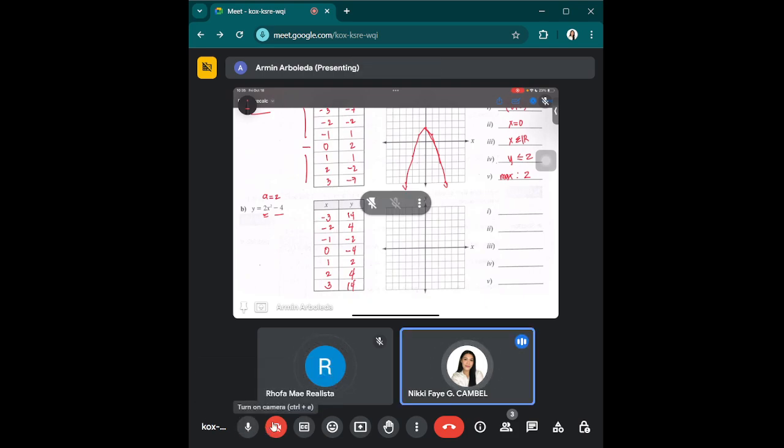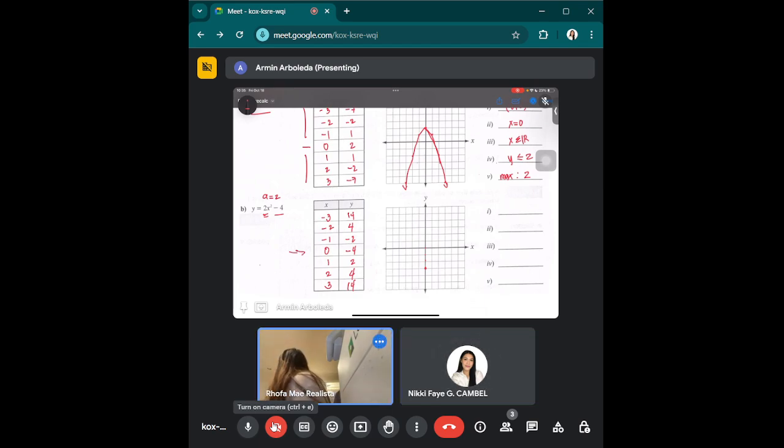Okay, let's try graphing. Where's our 0 and -4? 0 is here, -4 is here. So here is our assumed vertex, right? It's gonna be facing upwards. What's the positive sides? That's 1, and then you have your 2.